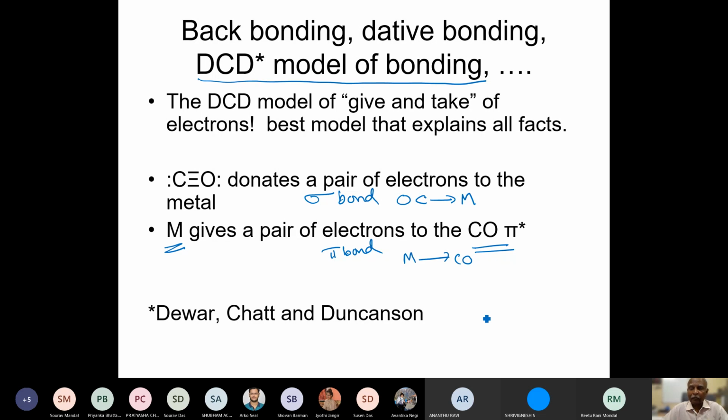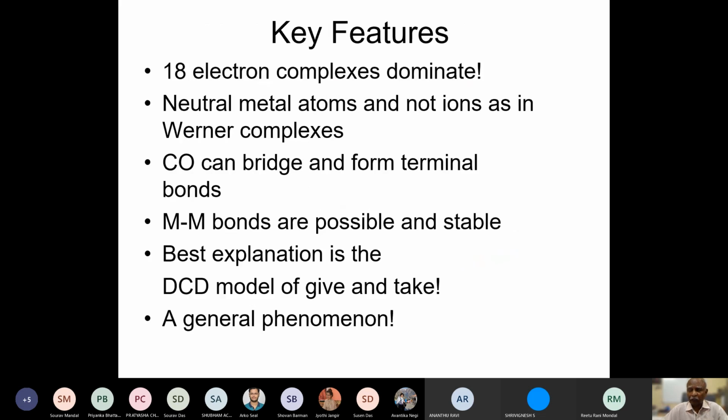It's a give and take of electrons. It's almost anthropomorphic: you give and take, both people gain. So in this case, the metal has gained, the carbon monoxide has gained, and the whole complex has gained, and so you have the formation of a nice complex.